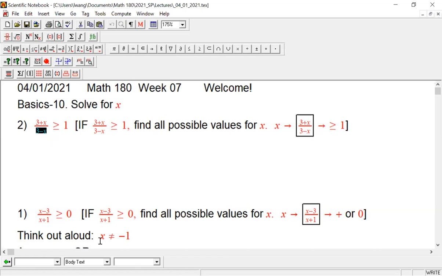Surely you must require that x cannot be equal to 3. That's no problem. But even with x not equal to 3, you still cannot multiply both sides by 3 minus x. Do you guys follow me? So this is a common mistake.